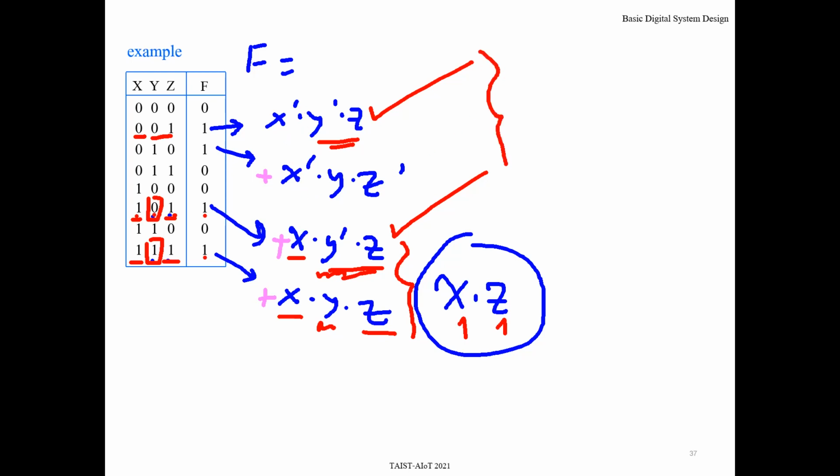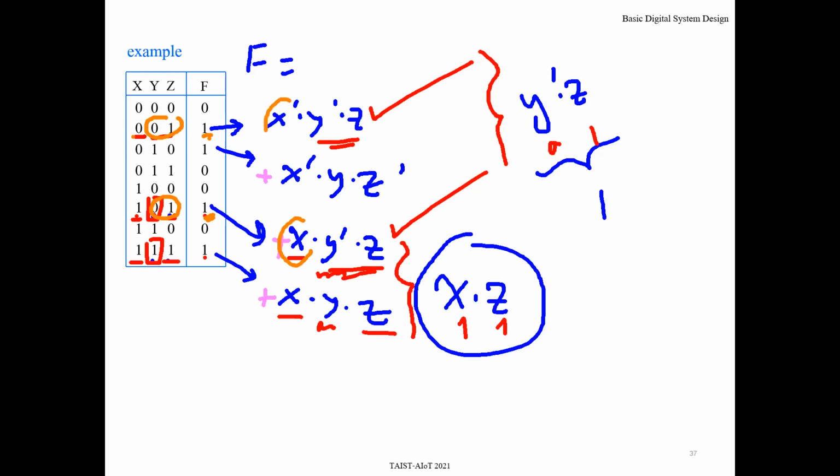So if we combine these two terms, we get y prime z. Namely, this term will be 1 when y is 0, z is 1, not depending on x. X is 0 or x is 1, not affecting the result. The result is 1 because y is 0, z is 1. So you can combine these two terms by observing what variable is different.